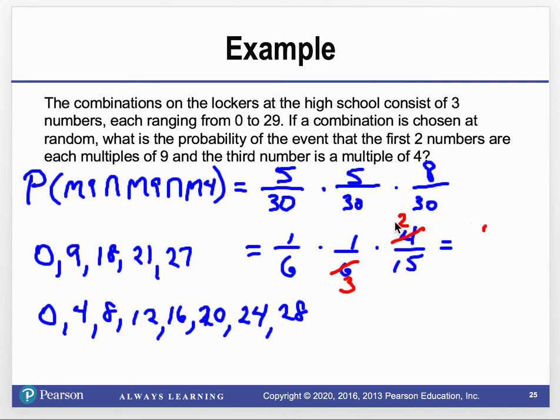No, not a final answer, because look, I have another 2 that'll cancel right here out of this 6. So final answer, 1 out of whatever 9 times 15 is, 135. 1 out of 135.